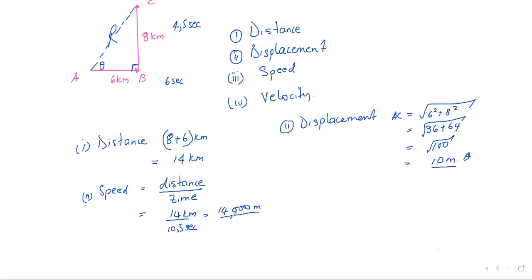Then divide by 10.5. This is equal to 1 meters per second.